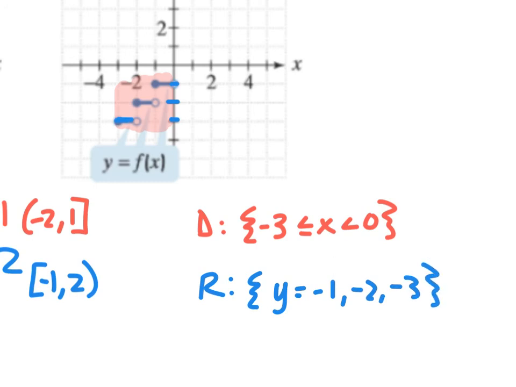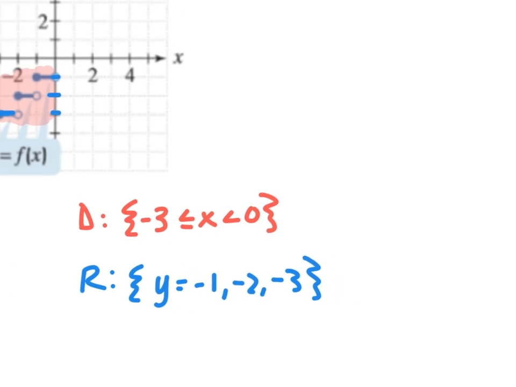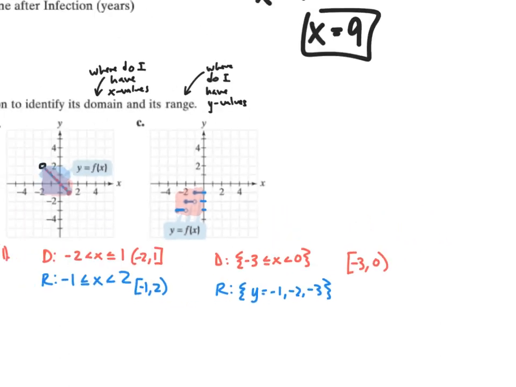There's no other y values in between. Now, writing this in interval notation for my domain, I would just write bracket -3, comma 0, parenthesis. I can't do interval notation for my range because I've only got a certain number of points.